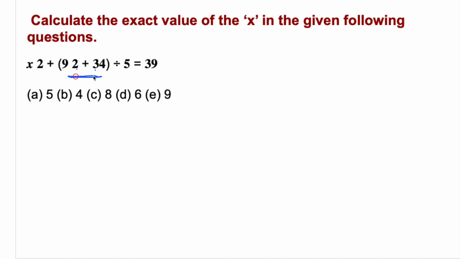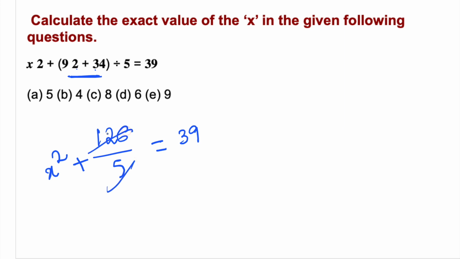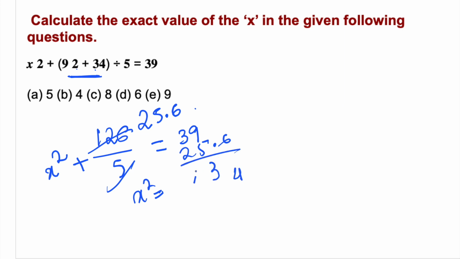So this is in the bracket, so this should be solved at first. 126 divided by 5. x square plus 126 divided by 5 equals 39. So that is 25.6. x square equals 39 minus 25.6, so 13.4.